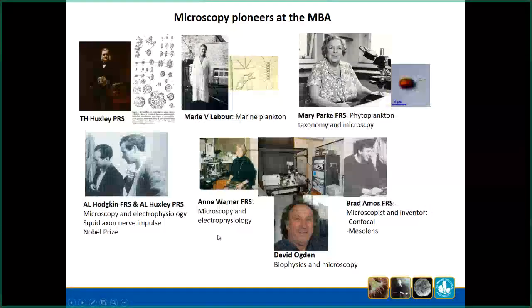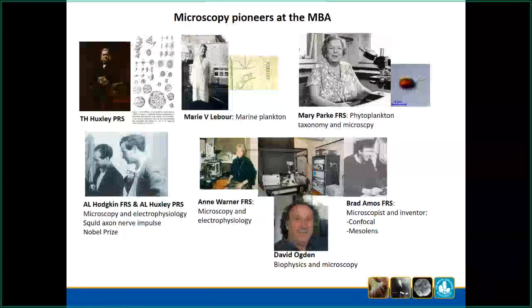She provided huge advice and expertise on modern microscopy and modern electrophysiology. Similarly, David Ogden, who really carried the flag for that workshop and still does, has expertise in biophysics, particularly patch clamp electrophysiology, and again, coupling that with microscopy.